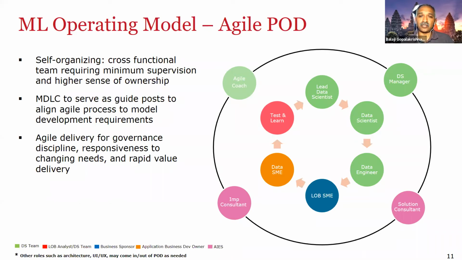So we have an agile coach outside as a support pod, and in some industries you might find that they have the agile coach or the scrum master here, but this is a structure that we follow at Wells Fargo. So that's all I had for model development lifecycle.